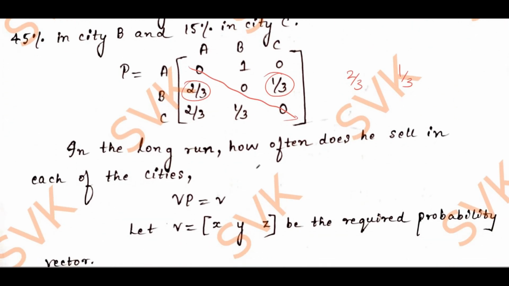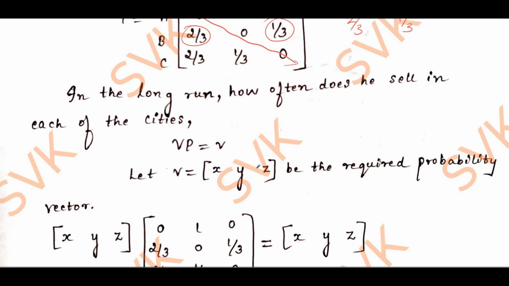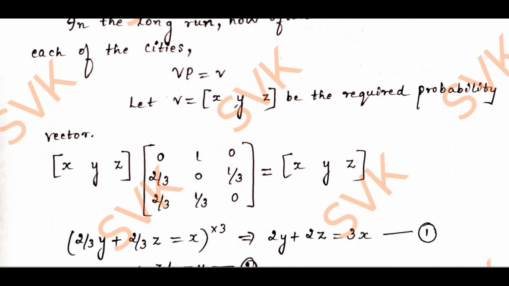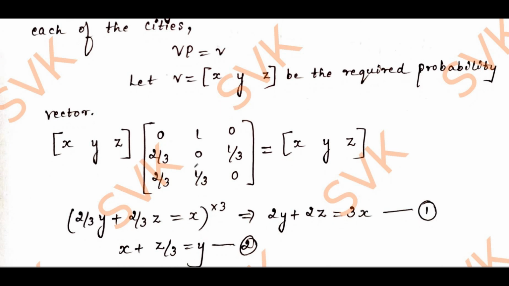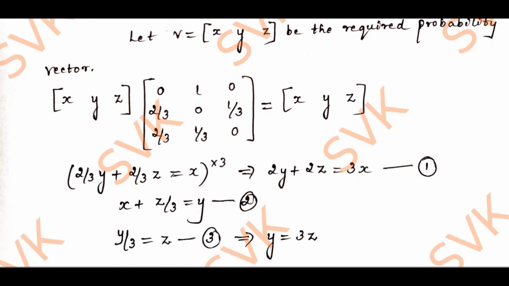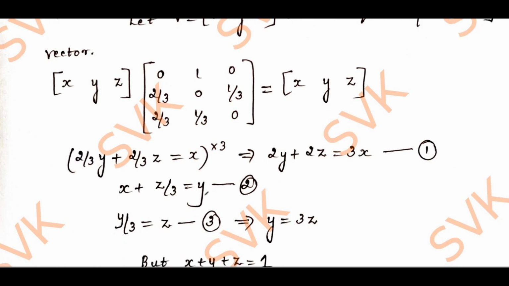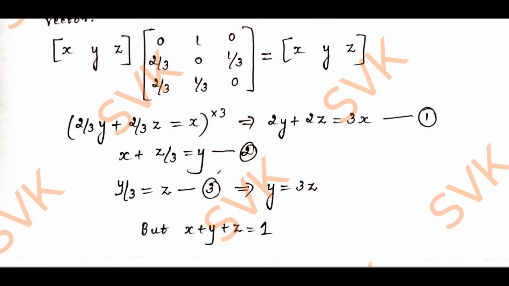In the long run, we need to find the unique fixed probability vector. Go with VP equal to V according to the definition. Substitute V as x, y, z. Substituting and expanding this matrix, we are going to get 3 equations, which I will call equation star. Out of these 3 equations, I will consider any 2 to solve.